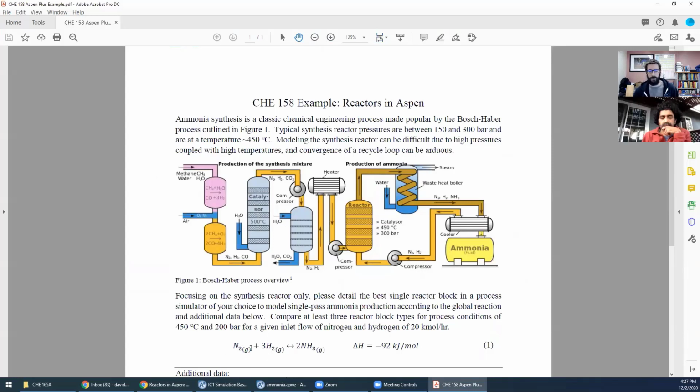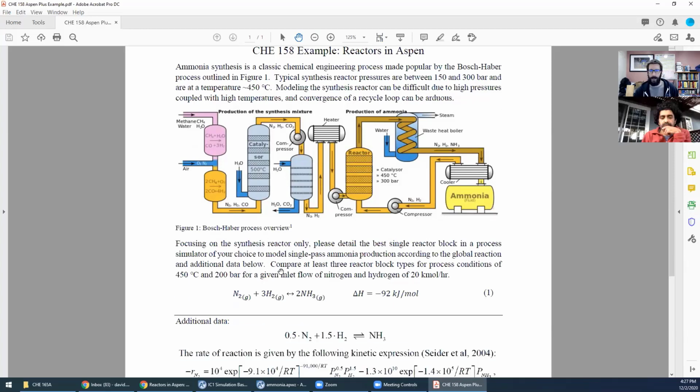So you have nitrogen and hydrogen synthesizing ammonia. The process itself is incredibly energy intensive, and all of this other stuff, everything goes into just this one reactor. So within this reactor, you have this overall reaction, this global reaction. It can take place between 150 and 300 bar, somewhere around 450 C.